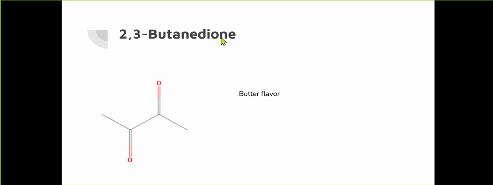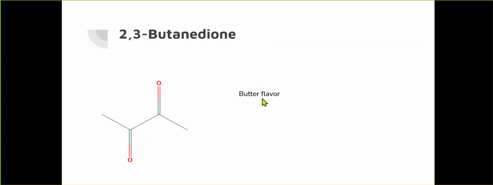2,3-butadione. So this is a diketone. We've got 1, 2, 3, 4. That's your butane. Dione, because you have 2 carbonyl groups there. And 2,3-butadione is the flavor of butter. This is actually a compound that forms when you churn milk into butter.